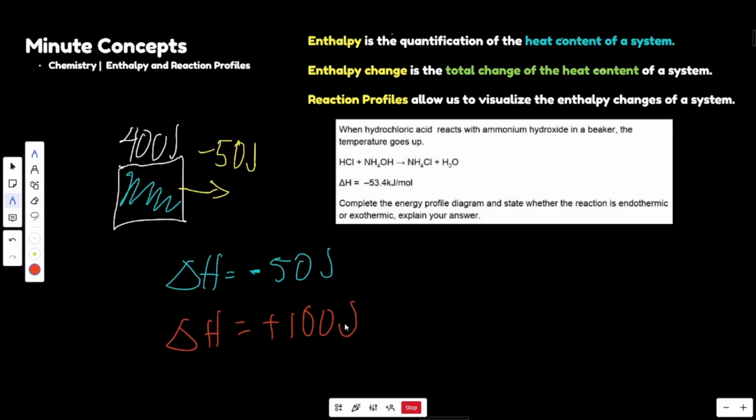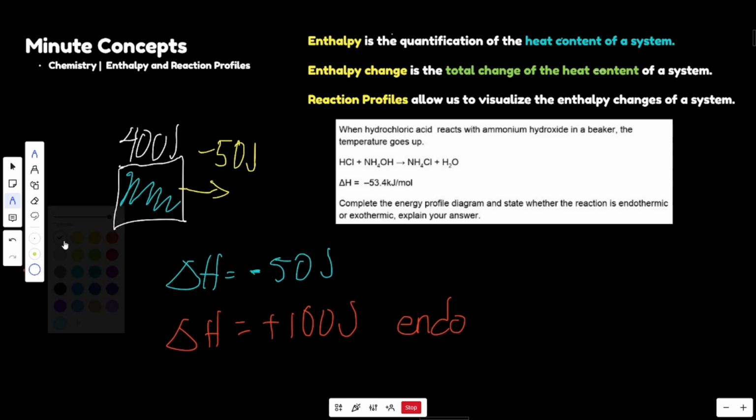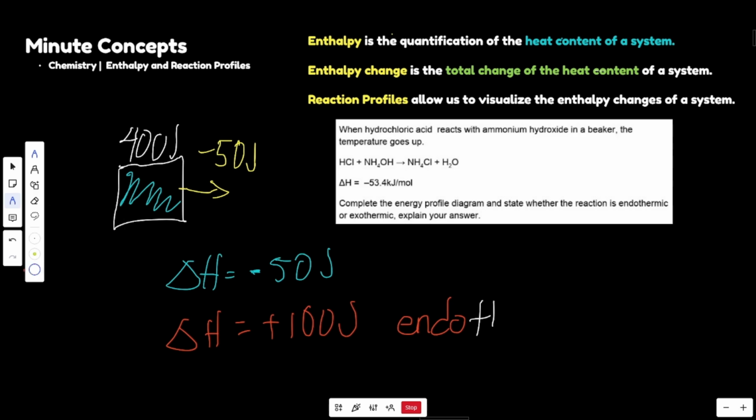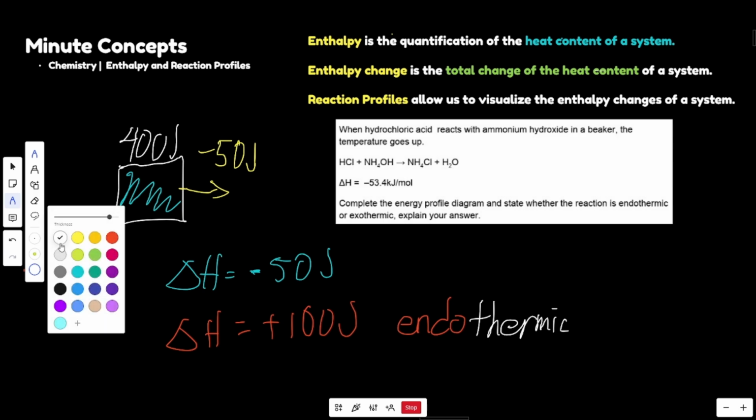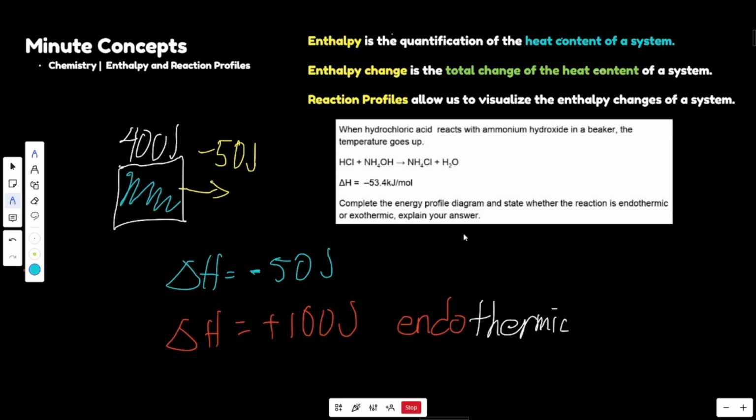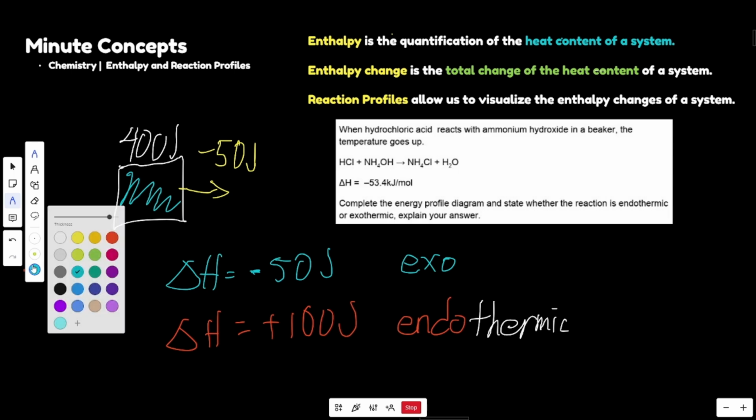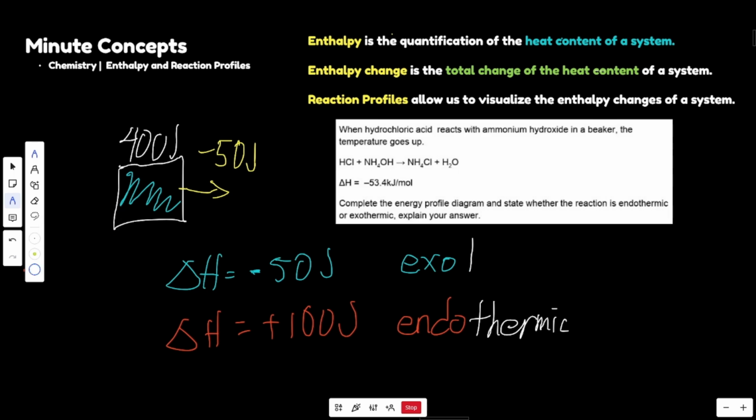Whenever energy is added to a system in the form of heat, we call that endothermic. Endothermic because it's going inward. Endo means within. Now, whenever it's a negative sign, that means the system loses energy, going outward, and outward is exothermic. So exothermic reactions lose energy in the form of heat from within the system.